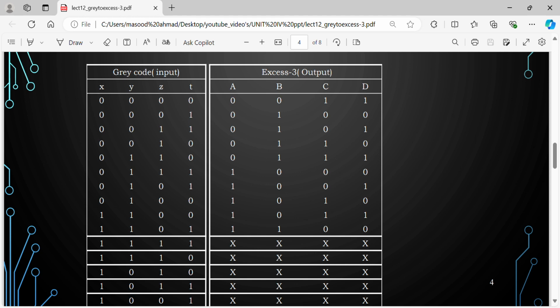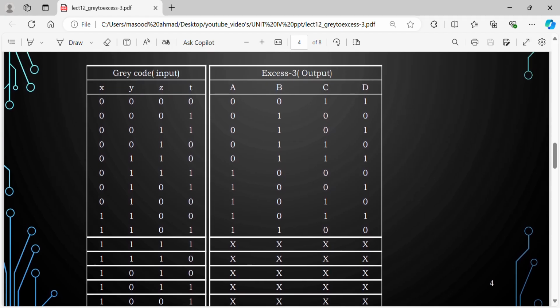It is a sequence which maintains unit distance, which is a Gray code, so we need to take care of that. In the subsequent slides, I am going to show you how exactly we take care of that and write the expression for output in terms of input.